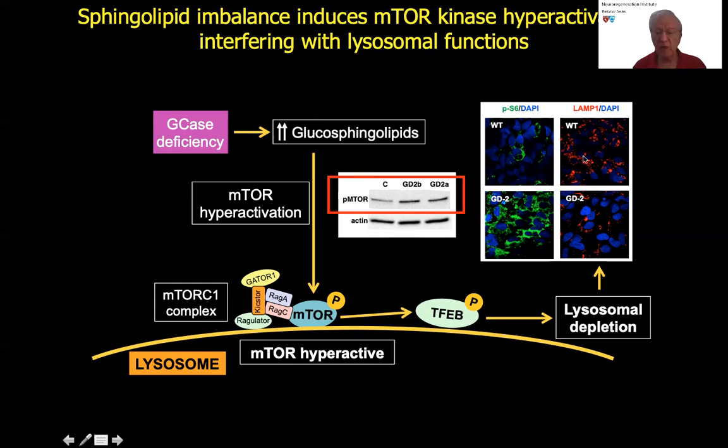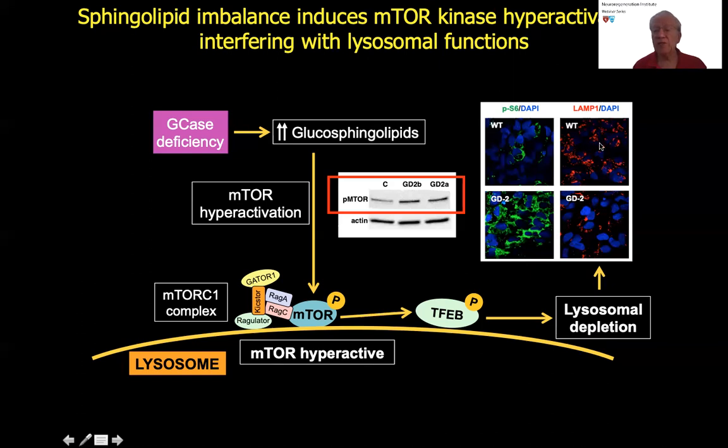And here, if we look at the images, we see that there is an increase in the stain of a substrate of mTOR-C1, S6. And in GD2, there is more green fluorescence because there is an increase in phospho S6. And the opposite is true for LAMP1.